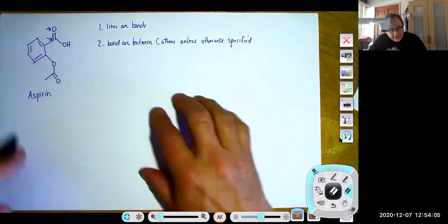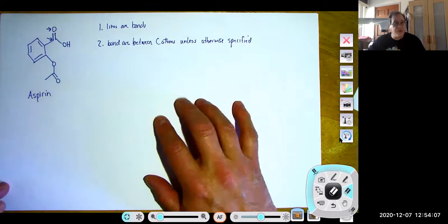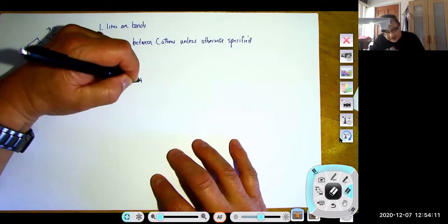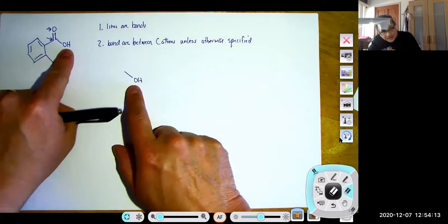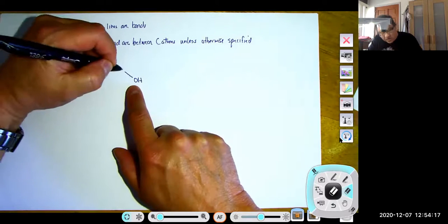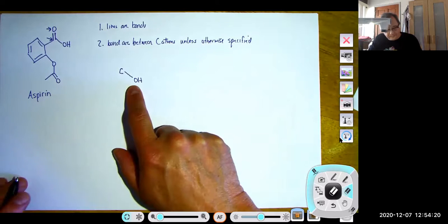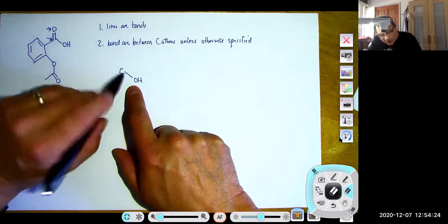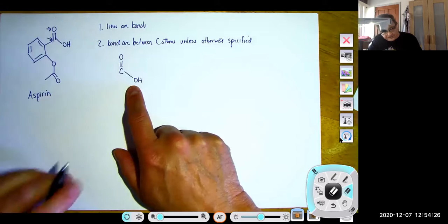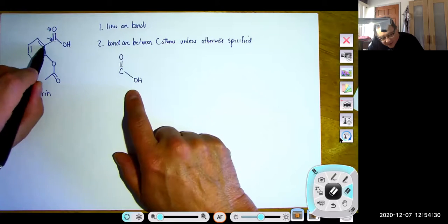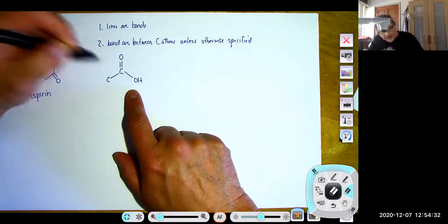Okay, so we can now take this guy and we can put in carbon atoms. So you see this OH, that's that OH. You see this line here? That's a bond that ends in carbon. So that's a carbon atom right there. This carbon atom is also double bonded to oxygen. And this carbon atom is also bonded to that right there, which is another carbon atom.